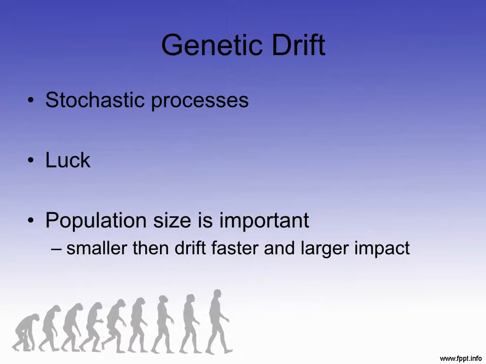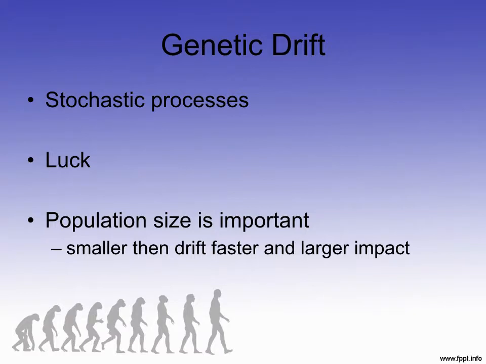There's no selection. It's not because the trait is favorable or maladaptive, meaning not favorable. It just simply is random luck. Things happen that will impact the frequency of particular alleles.